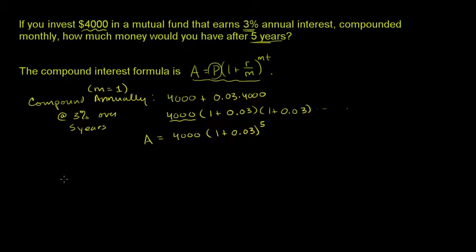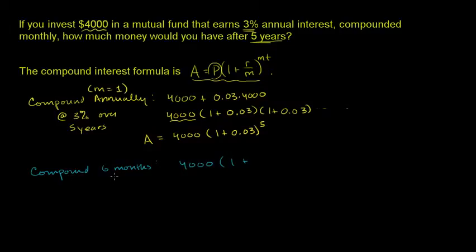Let's think about what happens if we compound every 6 months, because I really want you to get the intuition for this formula. Compound every 6 months, or you could say twice a year. So you start off with $4,000. After 1 6-month period, how much are you going to have? Well, every 6 months, you're going to compound half of 3%.